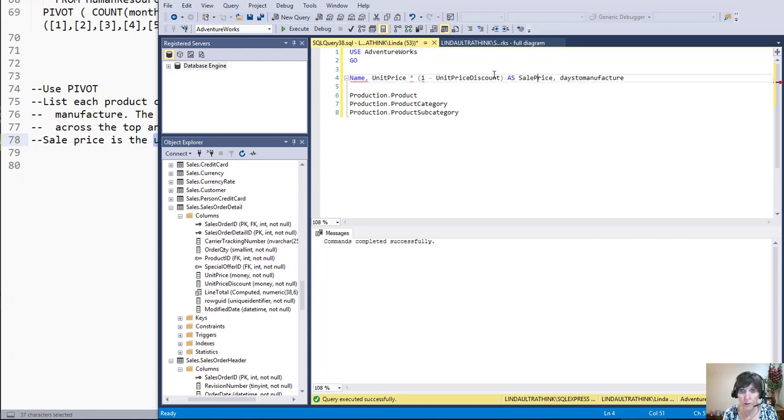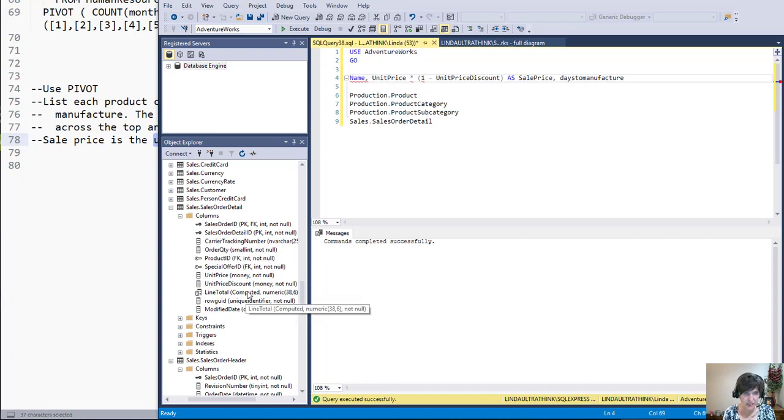So there's not a column sale price, but there's two columns that will be used to compute it. And that is coming from the table in sales.sales order detail.